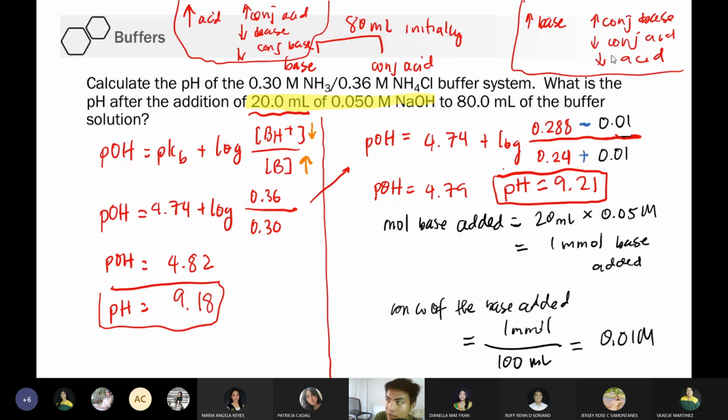Pag nagdagdag ka ng base, madadagdagan yung bases, mababawasan yung acids. Okay? So, yun yung overall idea. In our case, nagdagdag tayo ng base. So, lahat ng base tataas, yung mga acid, even the conjugate acid, bababa sila. Okay? So, that's how we approach this problem.